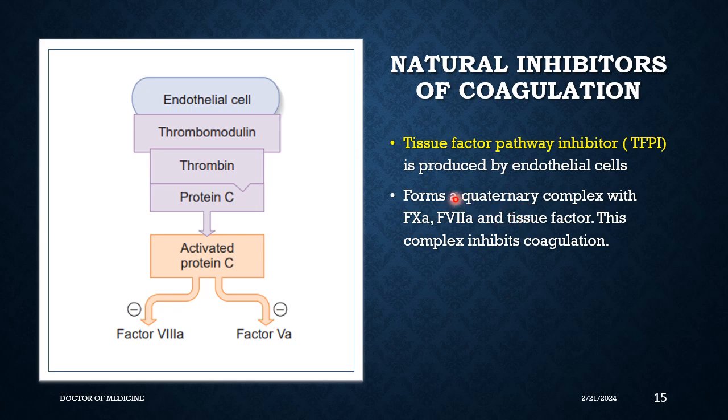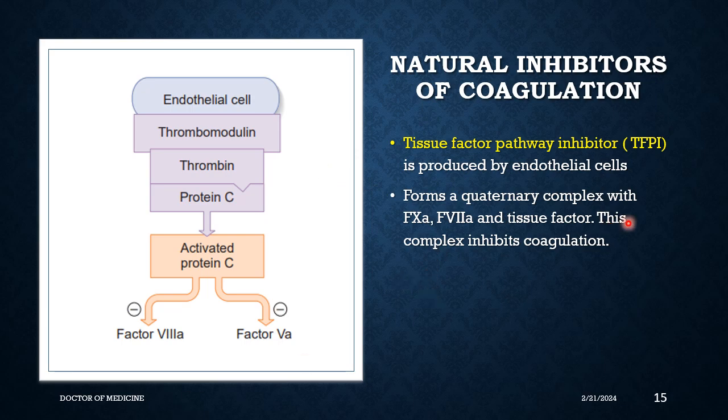Okay, so the tissue factor pathway inhibitor will inactivate factor 10 and factor 7. Factor 7 is involved in the extrinsic pathway. Factor 10 is involved in the common pathway, which serves as a link between the extrinsic and the intrinsic pathway.